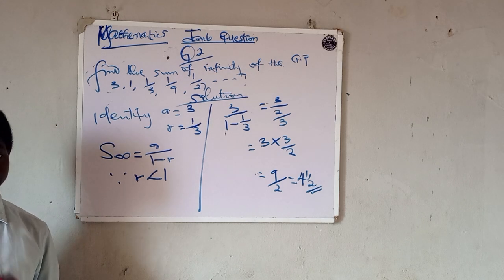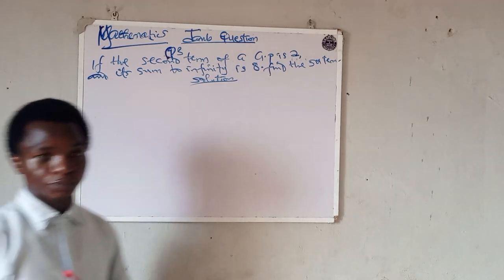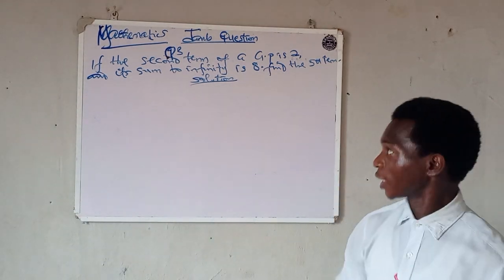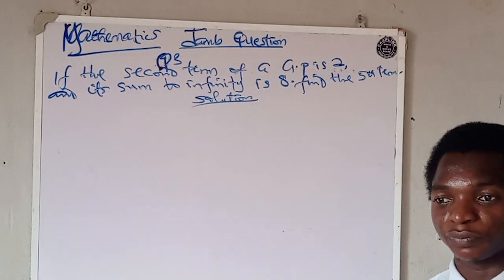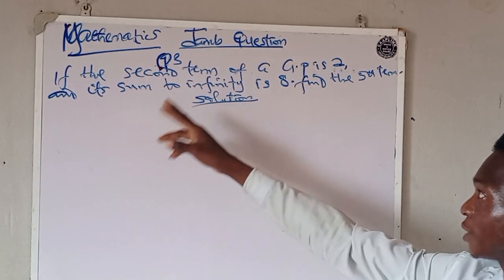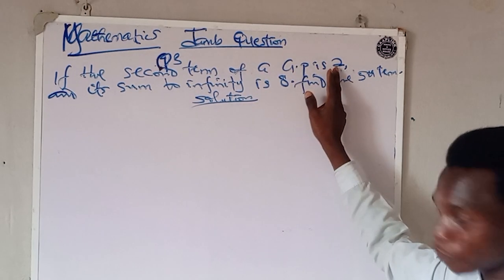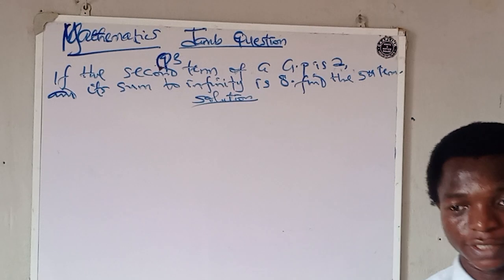Next up, let's take question number 3 for further treatment. Now, this is another case in which you are asked to find the fifth term of a GP. Here you are given the second term of a GP as 2, and the sum to infinity as 8.